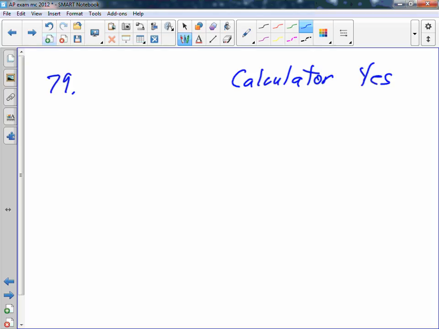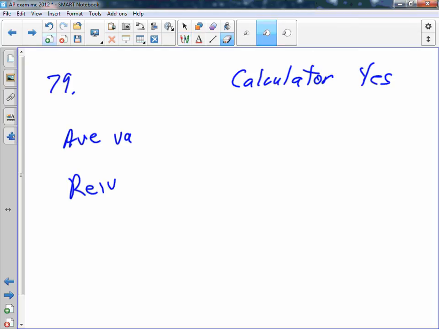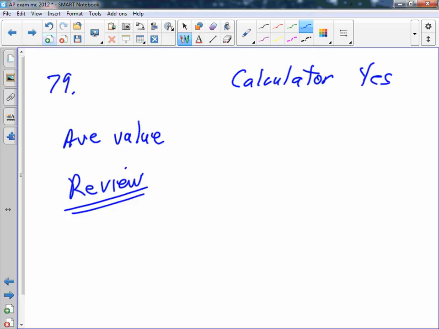Just remember the relationship there and the formula for average value. I'm going to go really fast on that. Recall, review. If you didn't get this, review the average value section.